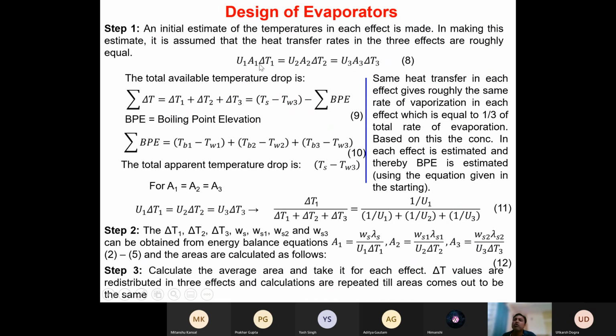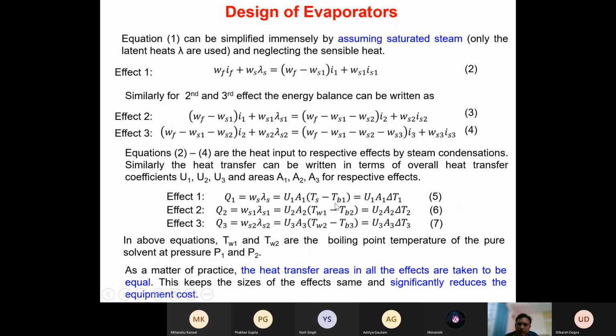So the first step is to assume the same heat transfer and calculate delta T1, delta T2 and delta T3. Once we calculate these, for instance, delta T1 is Ts minus Tb1 or Tw1, isn't it?